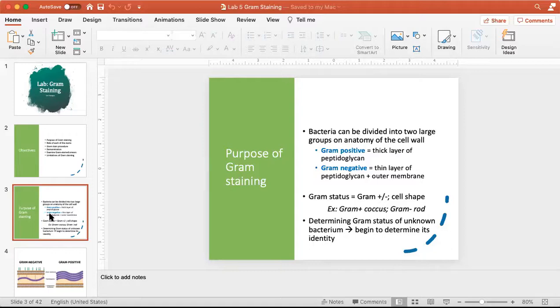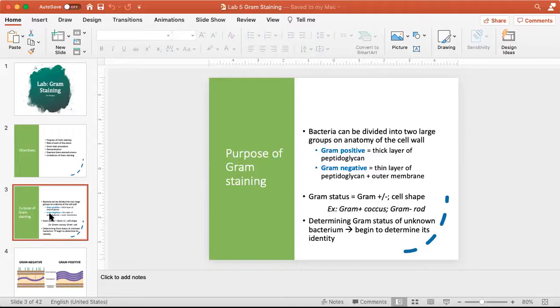Remember, the material that's found in the cell wall of a bacterial cell is called peptidoglycan. It's a carbohydrate. We don't see it anywhere else in the natural world except in the cell walls of bacteria. It's very, very strong. We can stain it differentially.